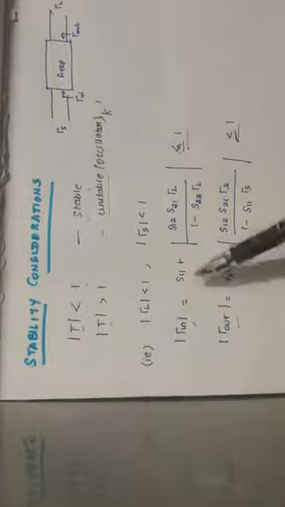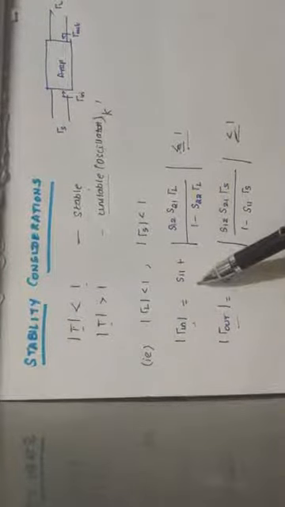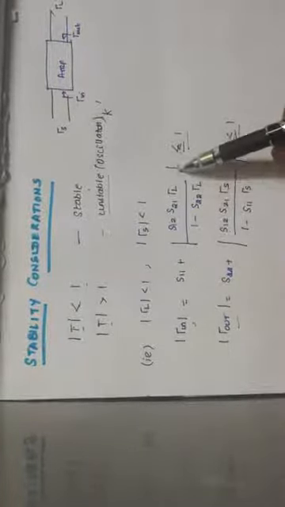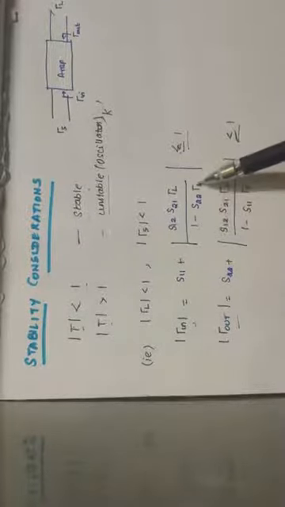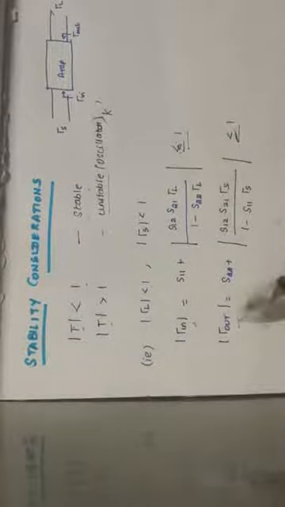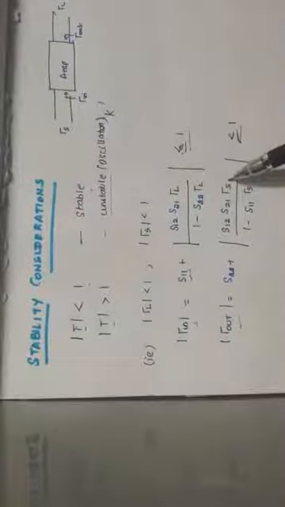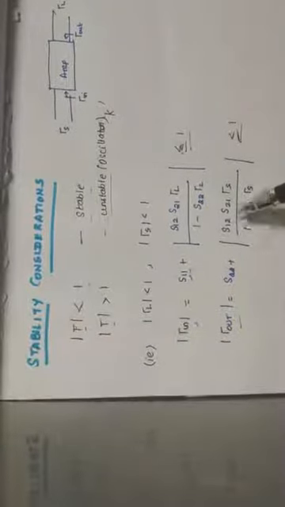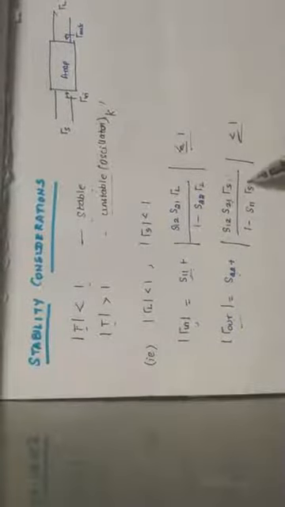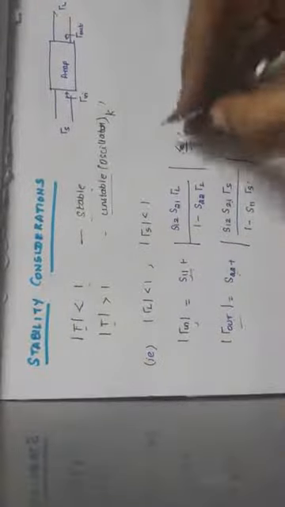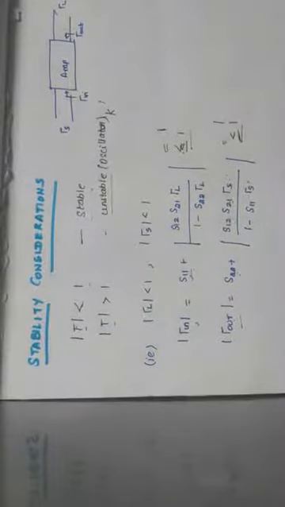As studied in the transducer gain derivation, tau in is given by S11 plus S12 S21 tau L divided by 1 minus S22 tau L. The output reflection coefficient is similar: change S11 to S22 and tau L to tau S, so it becomes S22 plus S12 S21 tau S divided by 1 minus S11 tau S. If these two coefficients are less than, or at least equal to, 1, we can conclude that our amplifier will operate in the stable region.